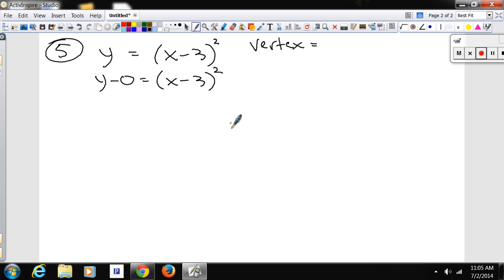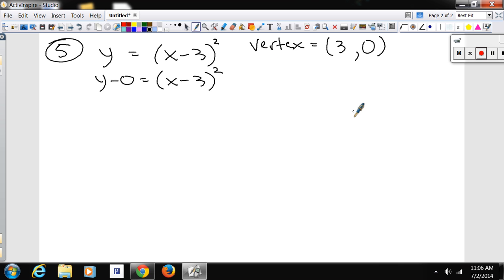What do you think the vertex would be? Close. What could I put in here to make it equal to 0? What minus 3 would equal 0? 3. So the vertex is going to be the point (3, 0).